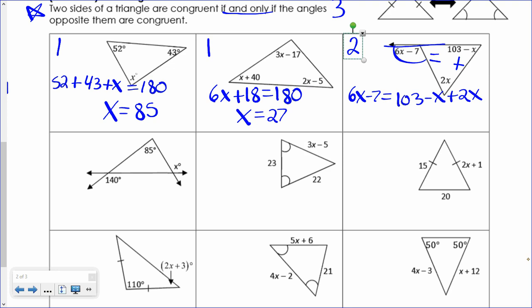And we're just going to do a little bit of algebra to solve this. So if I add the x and then subtract the 2x over, that'd be 5x, right? And then add the 7 over. You can do your algebra, shifting stuff around and combining like terms. You should get 5x equals 110. And then divide by 5.